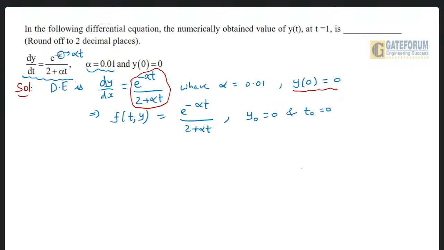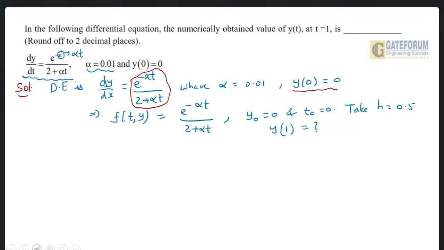We have to take the step size. They are asking for y(t) at t = 1. Take h = 0.5. Finally we are finding y(1) = question mark.